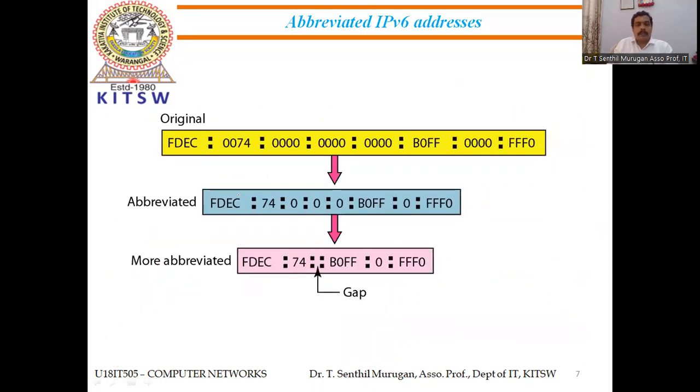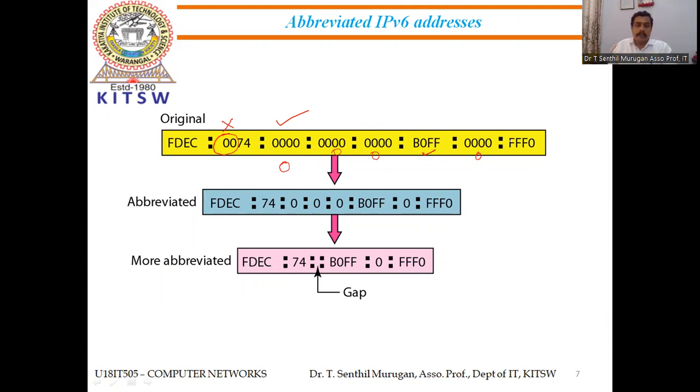Now in this representation, you just see, they have given the original address. So you have to abbreviate it. So here, first condition, leading zeros, we have to omit them. If there are leading zeros here, we have to omit them. Here also 0040 is there, so we will keep two single zeros. Okay. So here there is no zero, we can use it the same. Here 0040 is there, we will keep 40.